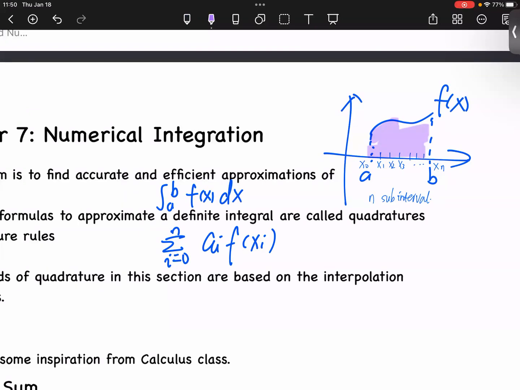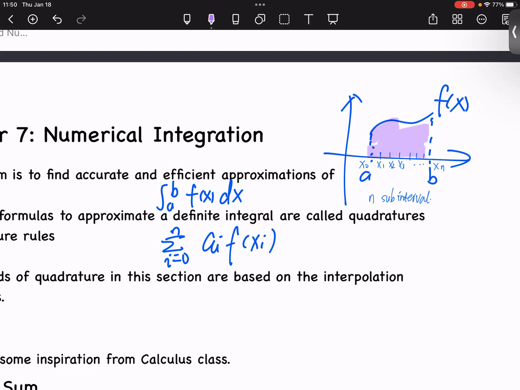But we are not sure what coefficients we are using here. We are going to derive some formulas for the ai, and that derivation is based on the interpolation of polynomials for the f function.